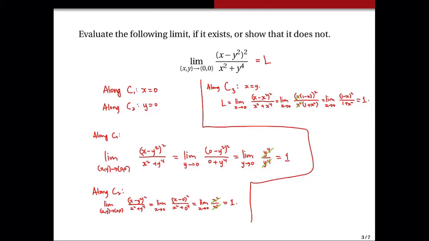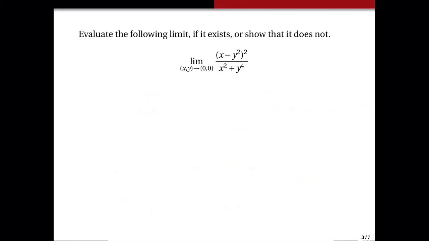Well, if y equals x or x equals y does not work, then maybe we can increase the power a bit. So for example, this is equal to L. So maybe we can try x equals y squared. x equals y squared.